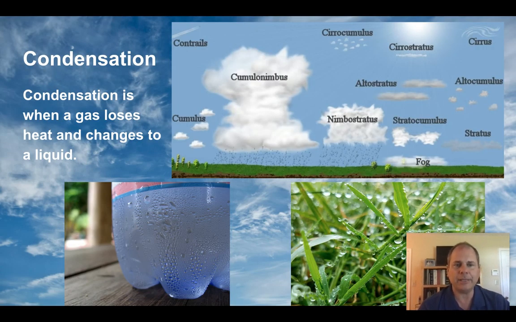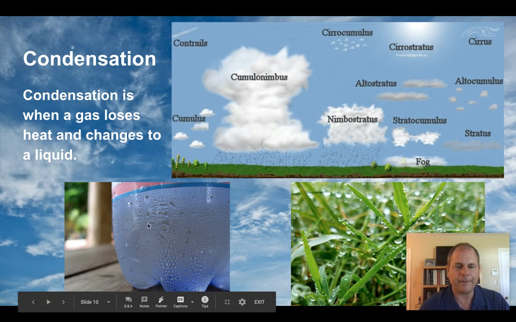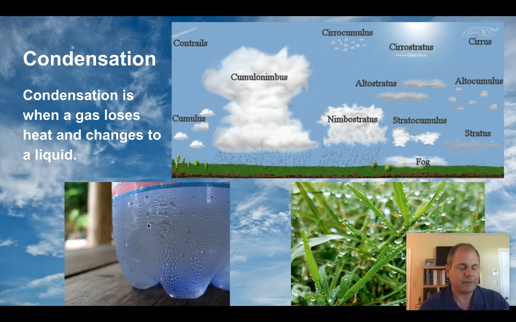Now, condensation. If you took the heat out of gas, it would condense. Condensation is when things are cooled, they condense. That means they shrink. And so up here, you see liquid on the outside of a bottle.